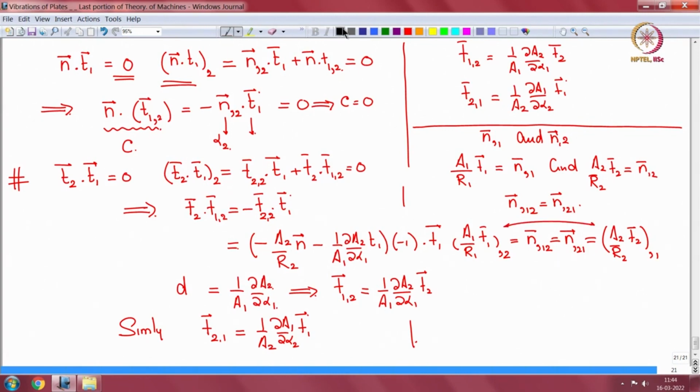If we proceed with these two and open out, what we will have is A1 by R1 comma 2 T1 plus A1 by R1 T1 comma 2 is equal to A2 by R2 comma 1 T2 plus A2 by R2 T2 comma 1.